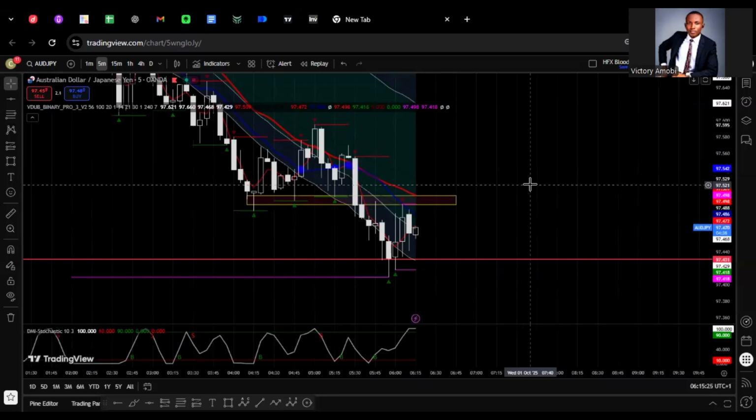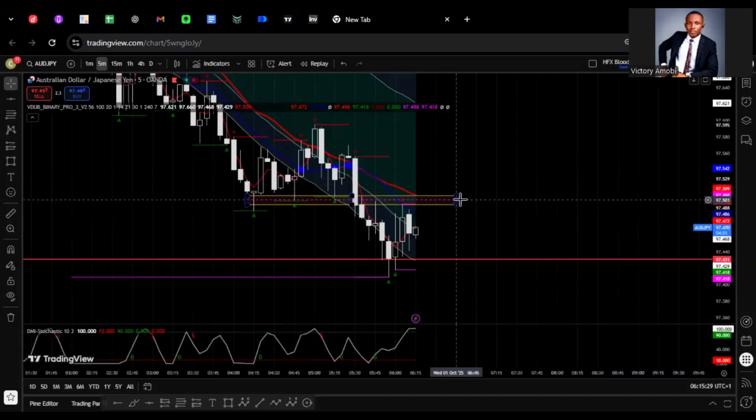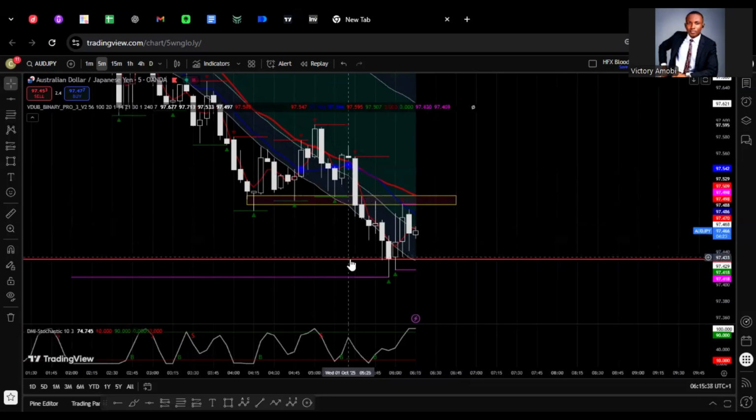So if it's a downtrend, ensure, right, to spot a selling opportunity. If it's a buy trend, ensure to get a buying opportunity, right? If it's a reversal in this case, right, this is a long-term support area. So if you've taken a 15 minutes buy off this zone, you probably made a good profit.